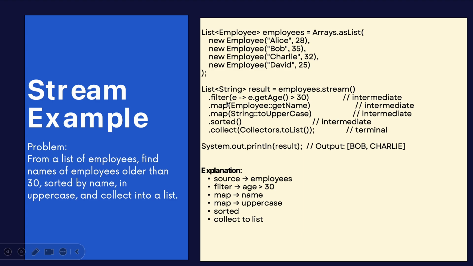We use filter to find the employees who are older than 30, map the name to uppercase, and sorted for sorting by name, and we use collect. It is a terminal operation. Collectors.toList will provide a list of employees as per the above filter and map.